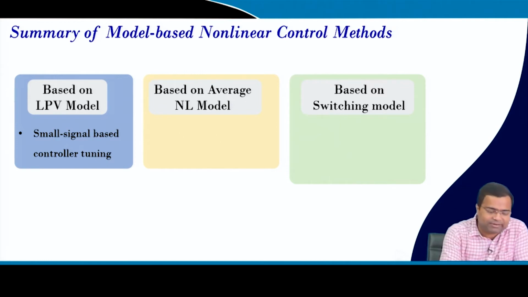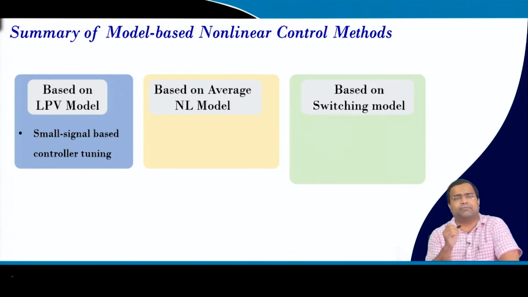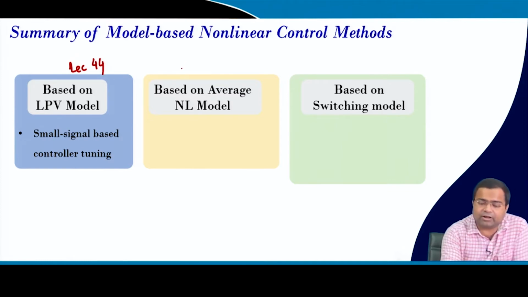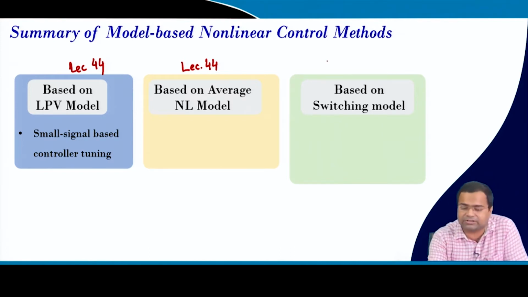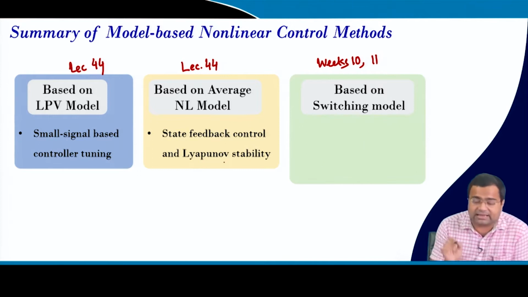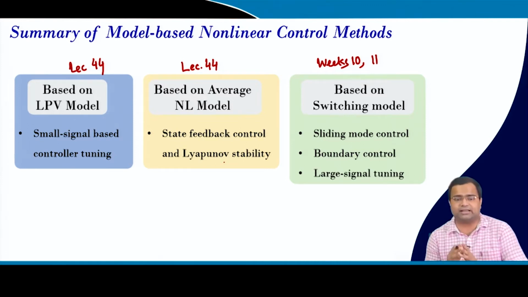The linear parameter varying model based control we have already discussed in lecture number 44, and we have considered all of week 10 as well as week 11. Then state feedback control and Lyapunov based stability, and then sliding mode control, boundary control and large signal tuning. These are the control methods we have considered in this lecture.